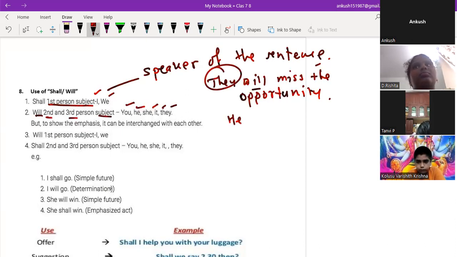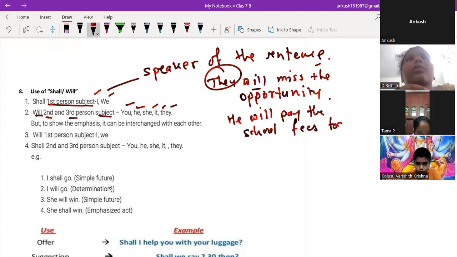They is the plural subject, but if you want to use it with a singular subject, so he will pay the school fees today. Today maybe in the afternoon or after 3 o'clock, 4 o'clock, whatever the time.